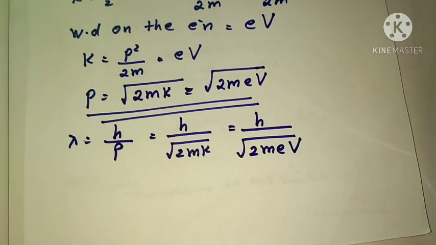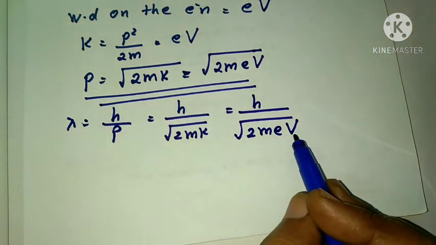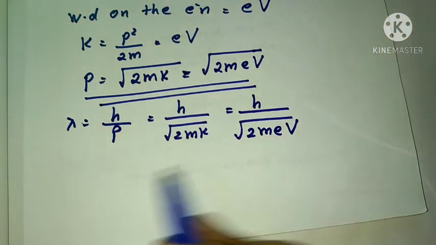Clear? Now substitute the values of h equal to 6.63 into 10 raised to minus 34 joule second, m equal to 9.1 into 10 raised to minus 31 kilogram, and e equal to 1.6 into 10 raised to minus 19 coulomb. Then by substituting all these values, you will get the de Broglie wavelength. V, the potential difference, is changing.